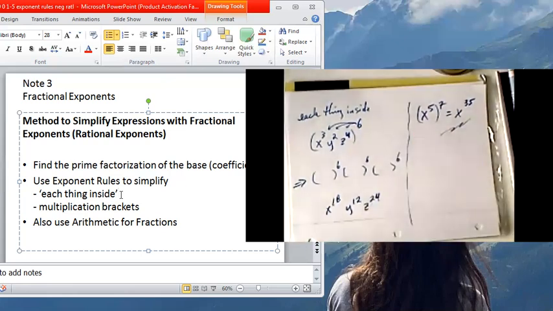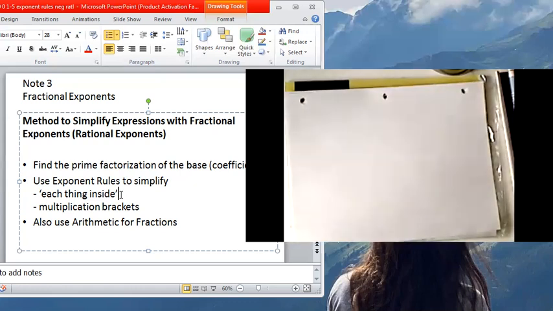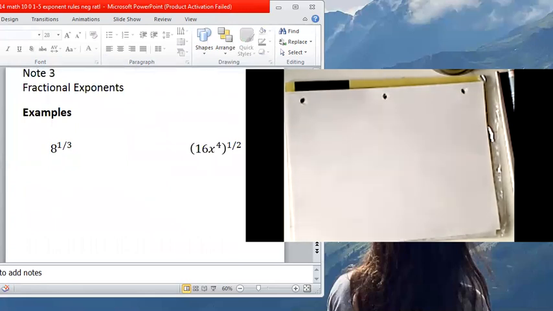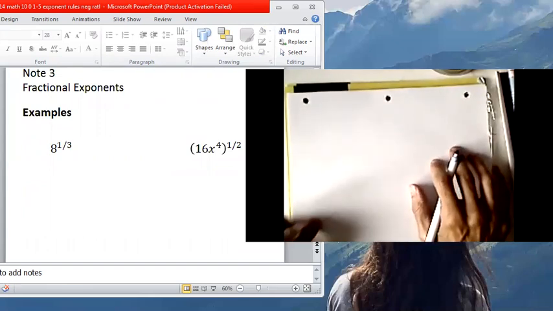And lastly, of course, arithmetic for fractions. Usually multiplying. Adding, subtracting, maybe not, but they're important skills to have, and so that's why we took a look at them. But the arithmetic for fractions, definitely multiplying. All right, so here's some examples. You gotta simplify these things.